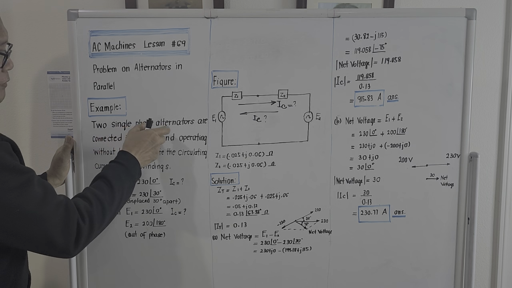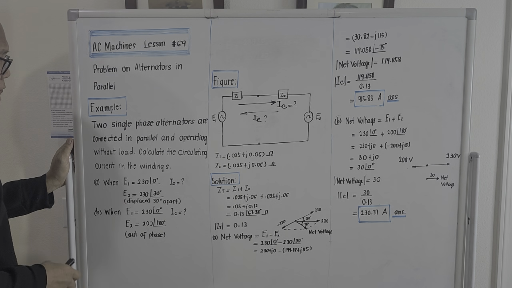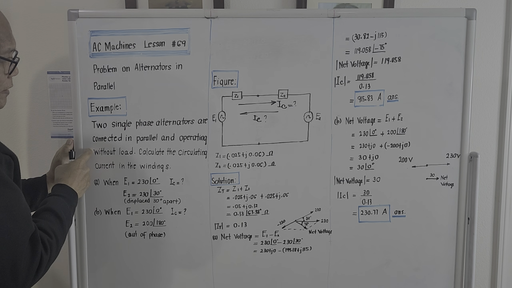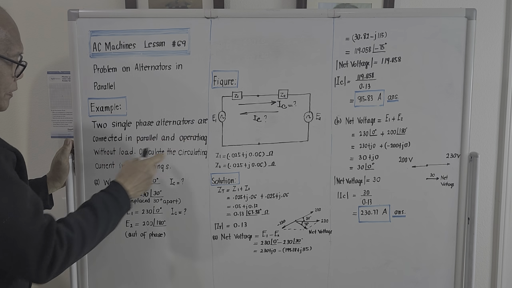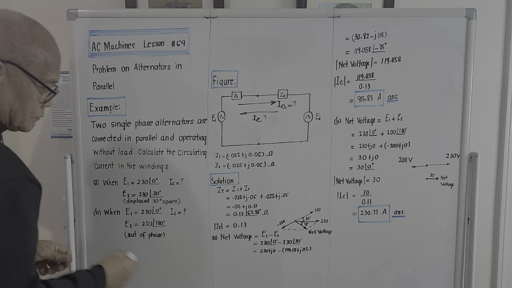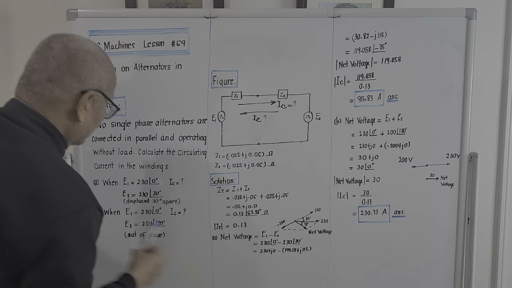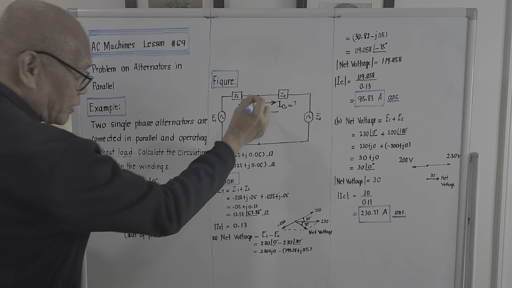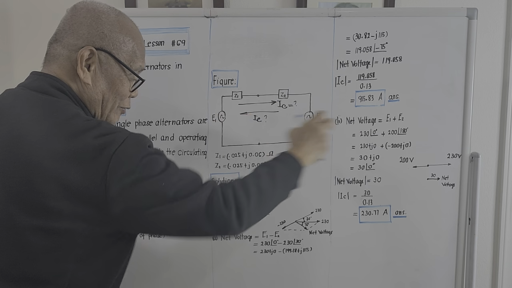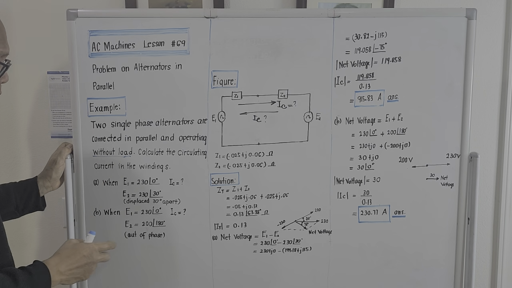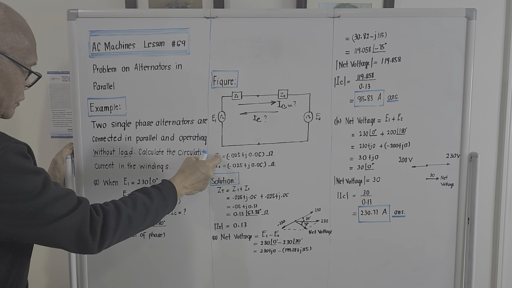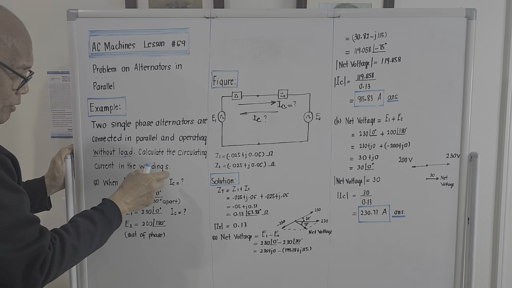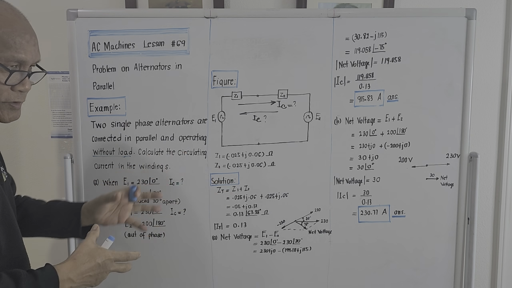I will try to read the problem. Two single-phase alternators are connected in parallel and operating without load. So no load here. The load was removed. Calculate the circulating current in the windings, meaning in the armature windings.